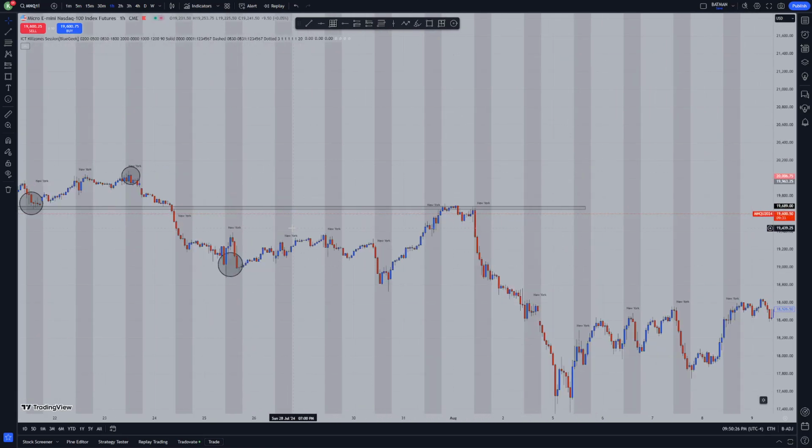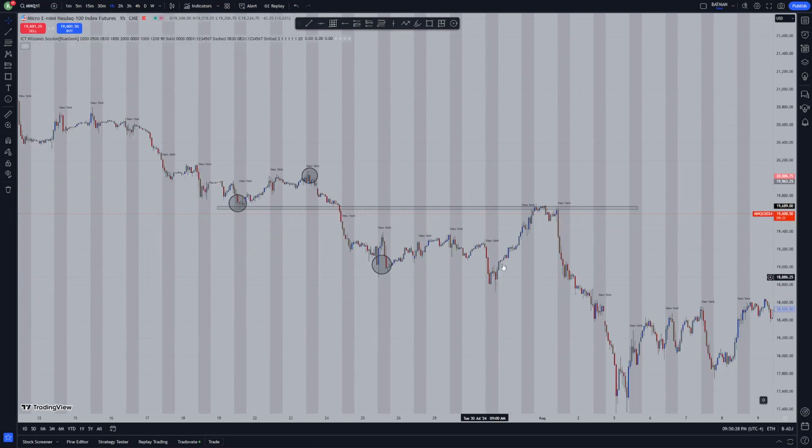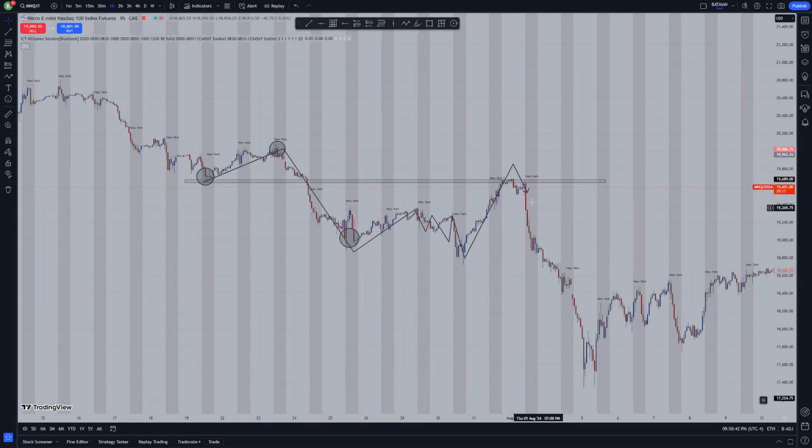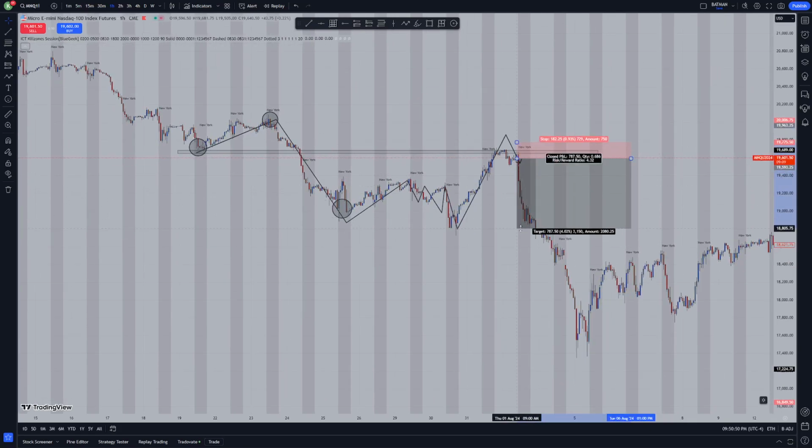And what happened when it went back and pulled back? We have a lower low, lower high, lower low. We got a little bit of consolidation, and then a pullback. And then what happened over here? This pretty much can be your indication to look for a continuation trade. Look at that. That's a 1 to 4.